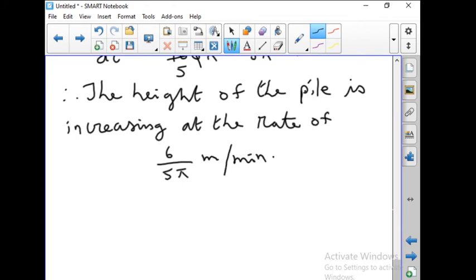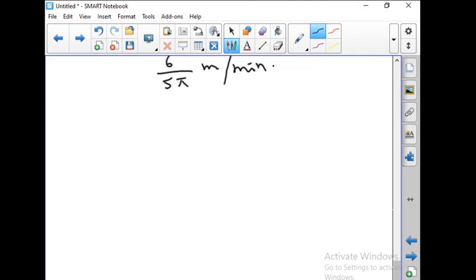Okay. Now we will go to the next example. Example 7.10. A road running from north to south. Okay, first we will see the direction.